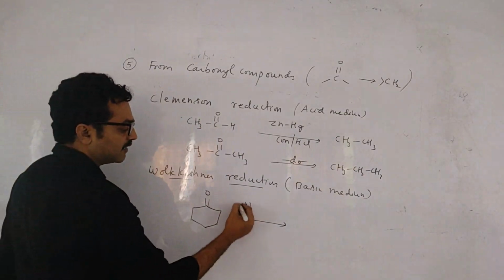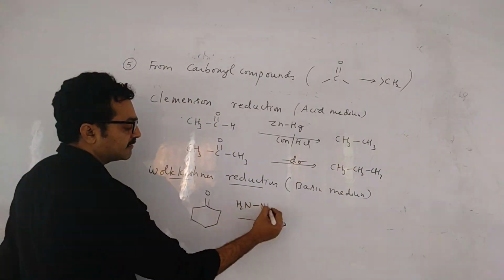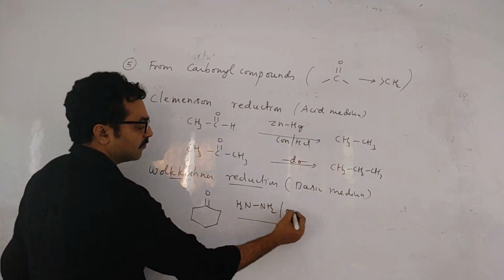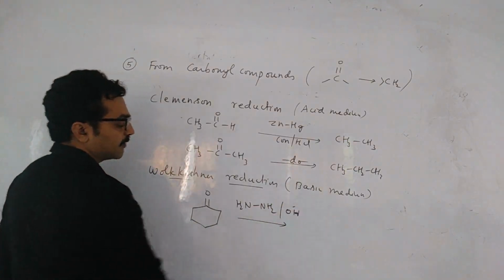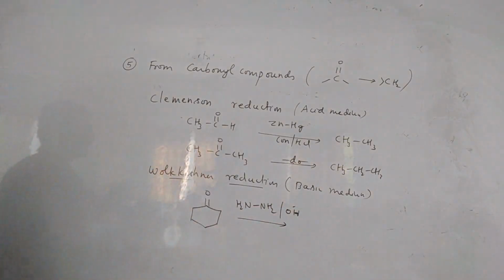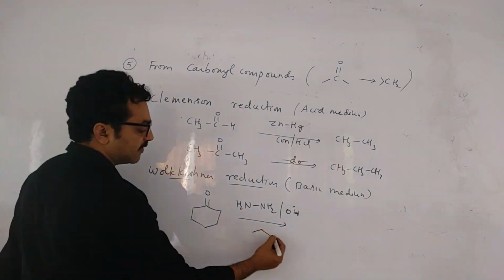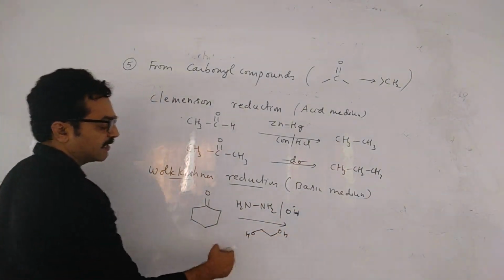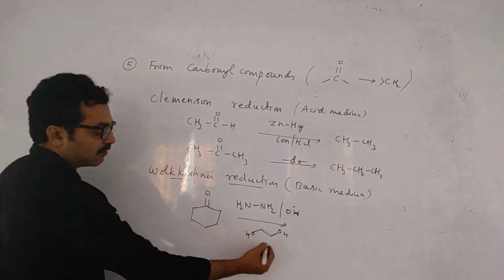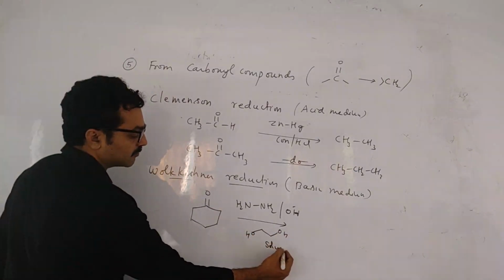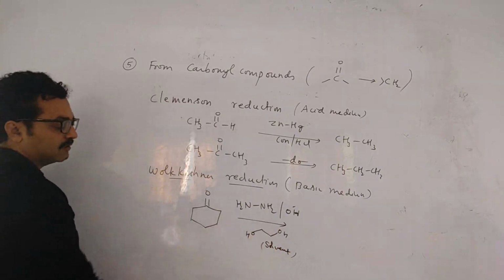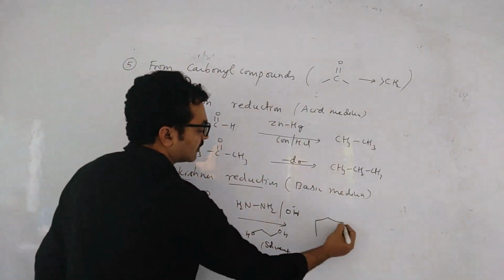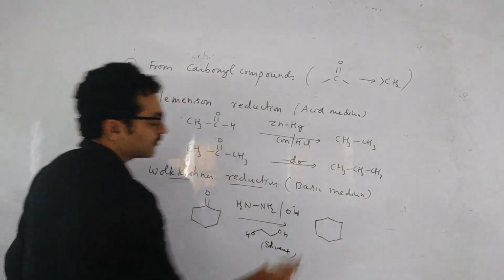So here what is the reagent? Hydrazine in the presence of base, and even ethylene glycol they will use as a solvent. This is solvent, children. In some books they won't give this. So here you will get cyclohexane.